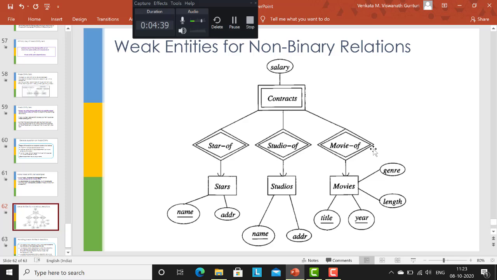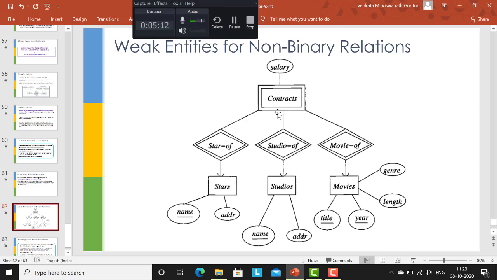It will not look good. So the reason I'm saying this is that do not think that a multi-way relationship is equivalent to a weak entity, right? That's not how it goes. You have to take these things with a pinch of salt, and for whatever application that you are developing, you have to make the best judgment, right? Sure, some multi-way relationships can be converted to weak entities, something like this, but there are lots of assumptions which go in, and lots of constraints you have to take care of.